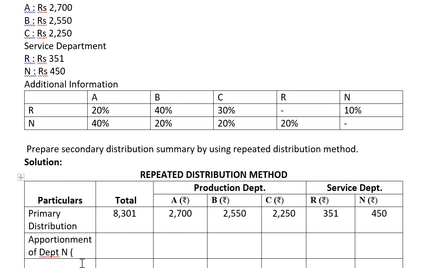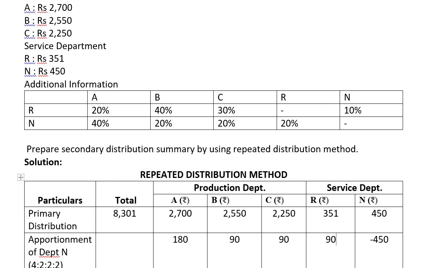So we can write 4:2:2:2. Now let's divide. Here we can write minus 450. It will be divided in the ratio of 4:2:2:2, which is 450 multiplied by 4 divided by 10. So it will be 180. For B it will be 90. For C it will be 90 and for R it will be 90.